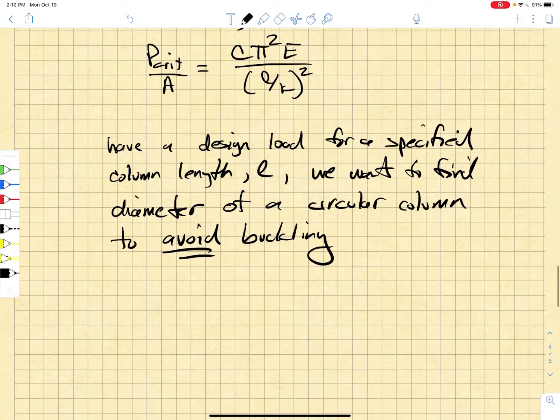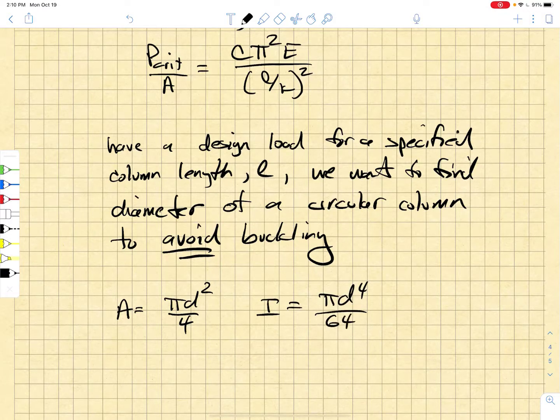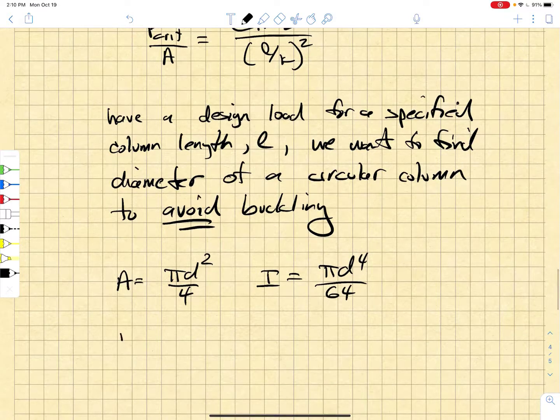What we're going to do is first note that the area for a circular column, so we're looking at circular columns, is pi d squared over 4. The moment of inertia is pi d to the 4th over 64. And so K, remember, K squared A is going to be equal to the moment of inertia.